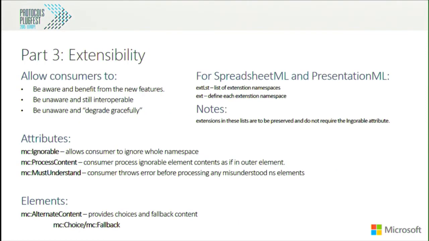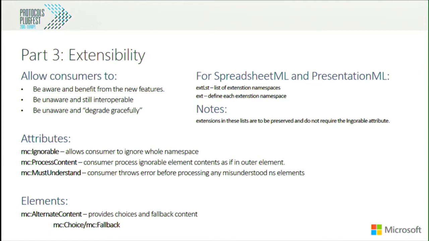Okay. Part 3 is actually kind of an interesting part to me. I like this part. So this defines the extensibility. This defines the way for consumers to be aware of new and benefit from new features and functions in the markup language. It also allows them to be unaware of them.